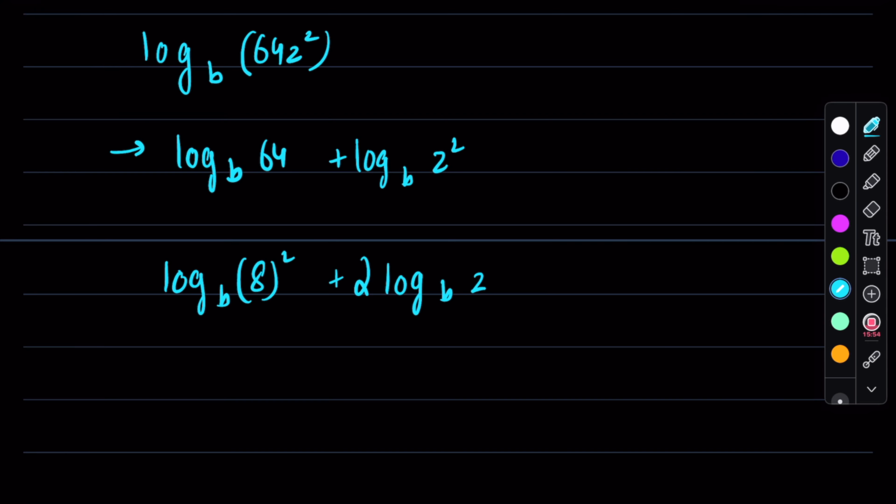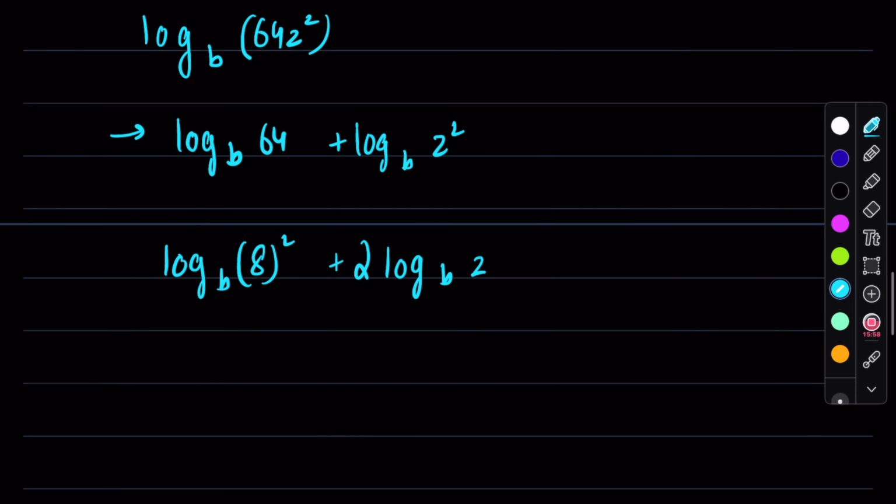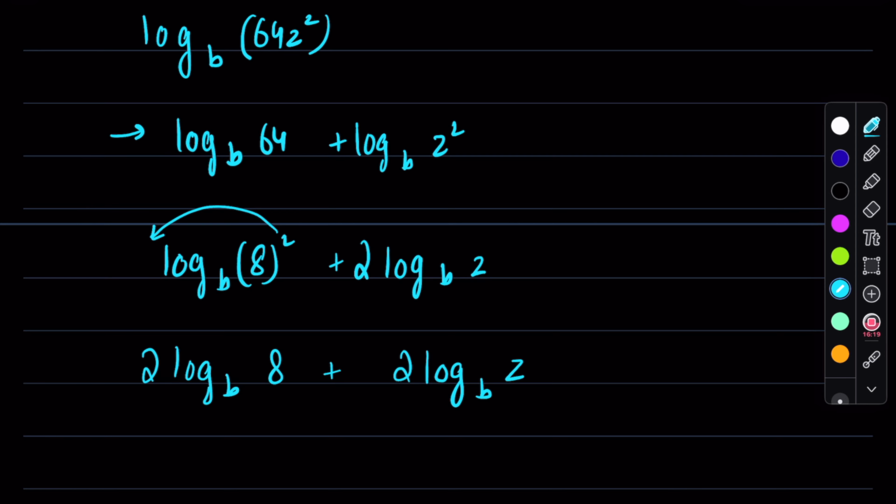Okay, so 8 square and the 2 can be shifted backwards, right? Because 2 is the power of the whole term, which is 8 in this case. 2 log base b argument of 8 plus 2 log b argument of z.